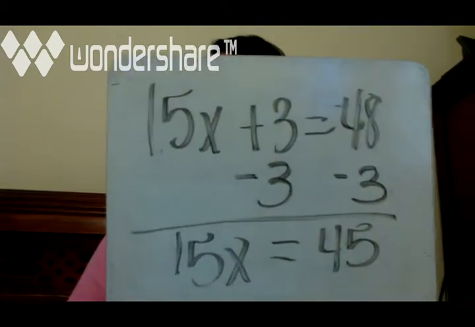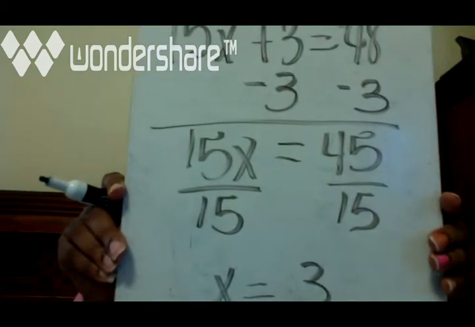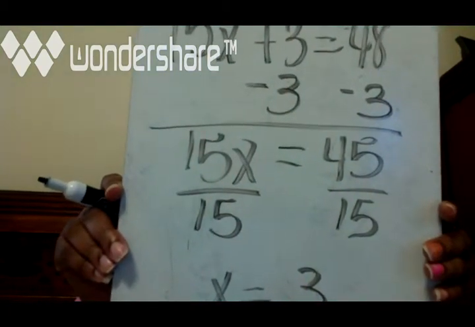Now we're going to divide both sides by 15. x would be equal to 3. Wonderful.